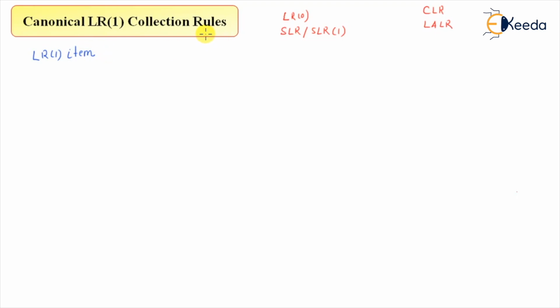Now, there are a few rules that we need to follow for constructing the LR1 item, and rule number one is this. Rule one says that if there is an augmented grammar S' derives dot S, we put a dot over here, and it will be followed by dollar.